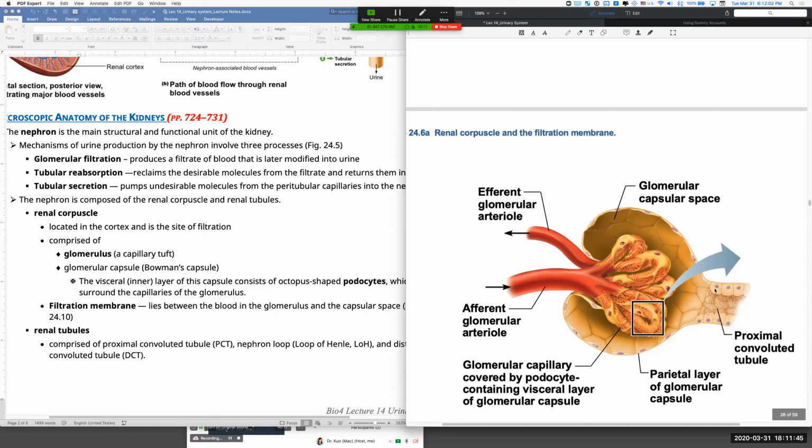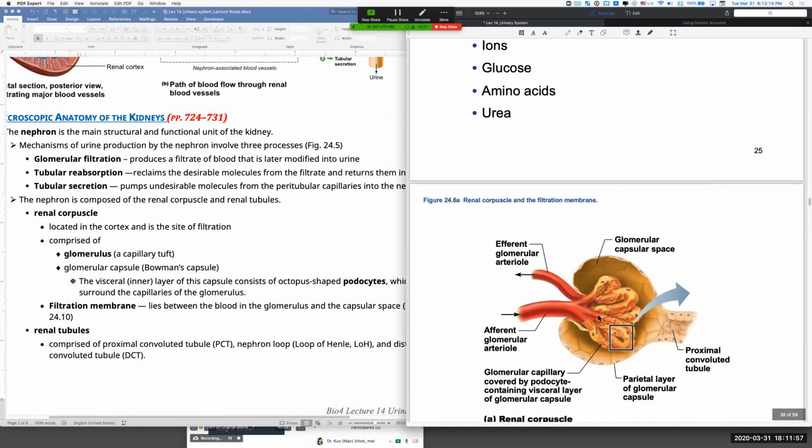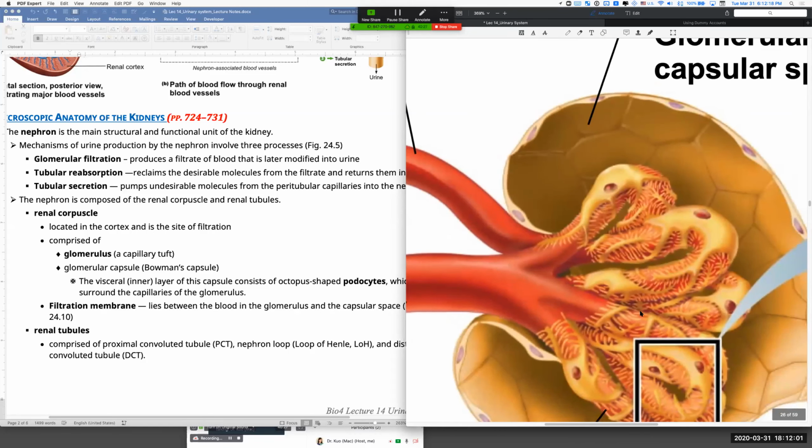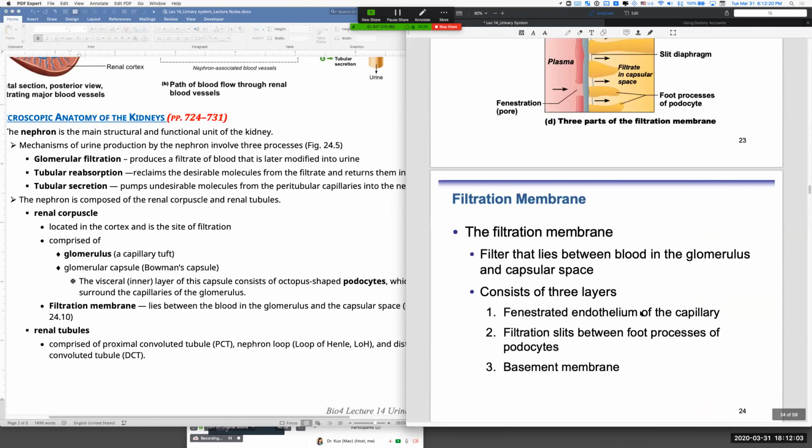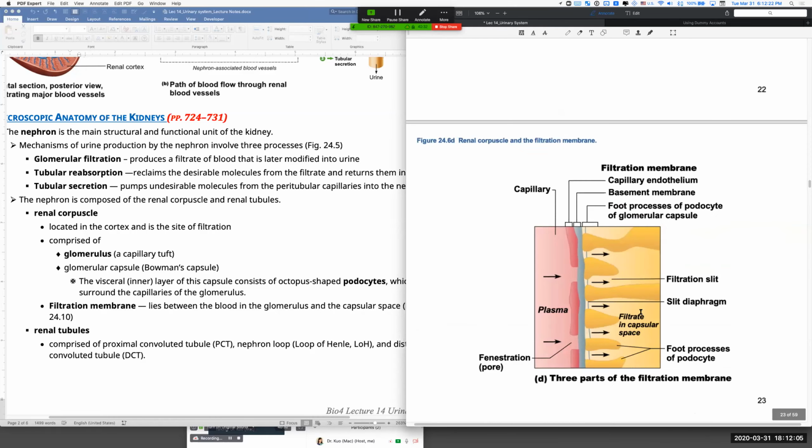You can see here in terms of histology, the epithelium transitions into simple cuboidal epithelium once we enter the renal tubule. Now, if we take a cross-section of this filtration membrane, this is what we are going to expect to see.